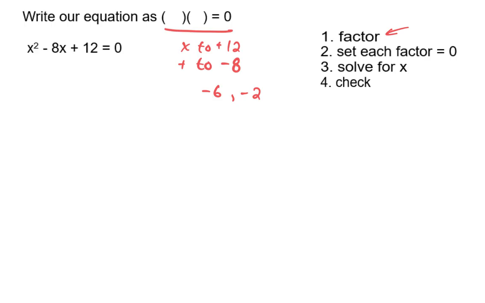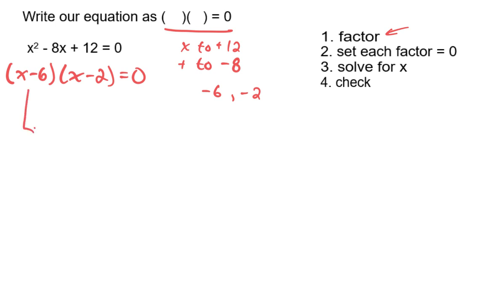Those signs are important. So once we figured out those two numbers, in factored form this is just going to be x minus 6, x minus 2, and then we're going to keep the equal 0 in the exact same spot. We've just factored the left-hand side. Now that this is in factored form, we know how to solve it.